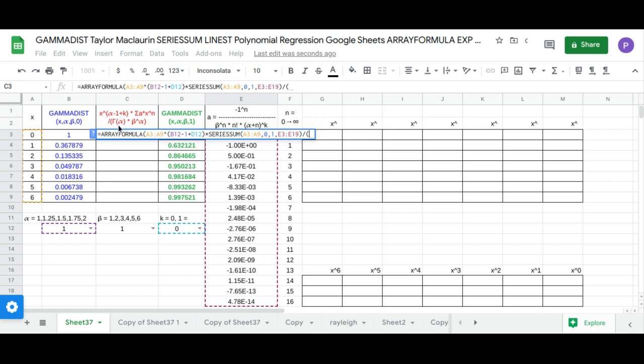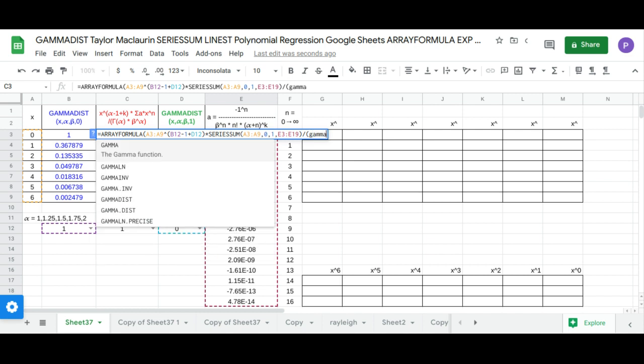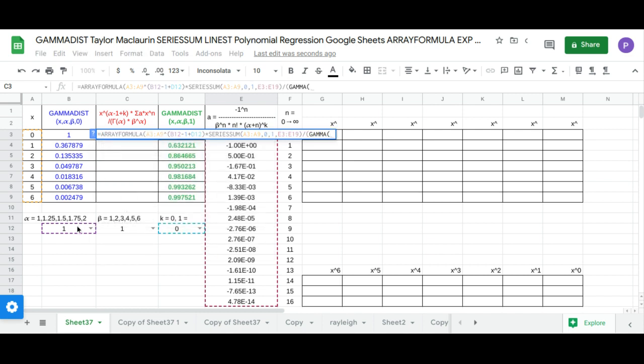Now that's the numerator, now the denominator. The denominator has two parts. The first part, gamma of alpha. The second part, times beta raised to the power alpha. And we close this. Then enter.